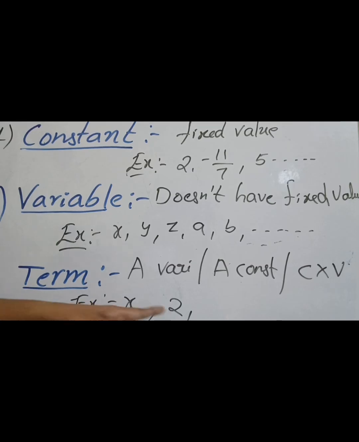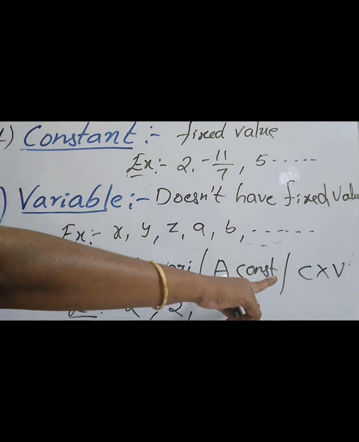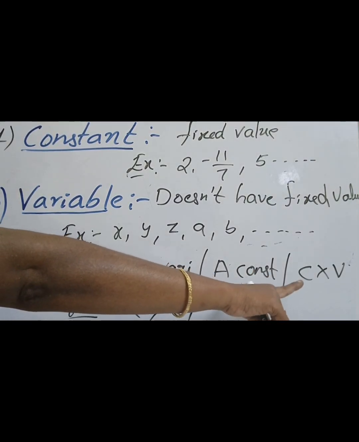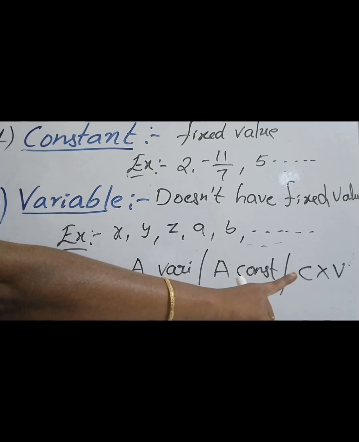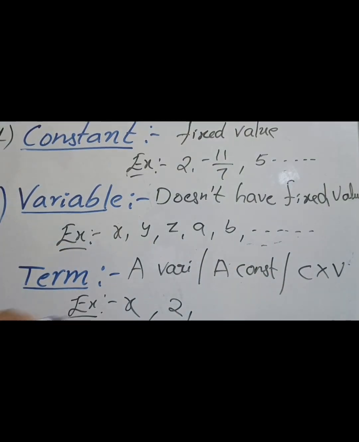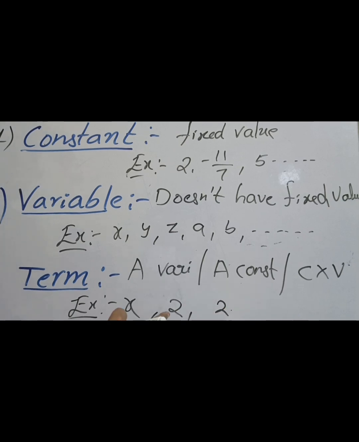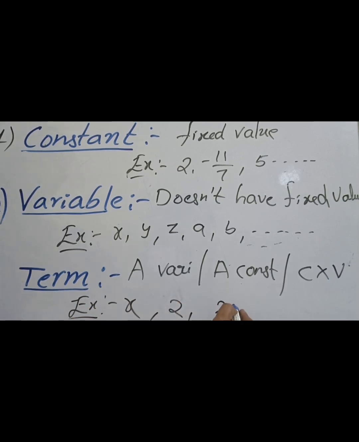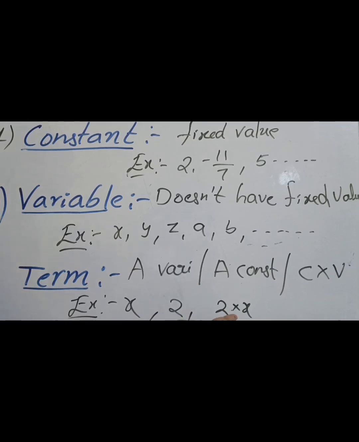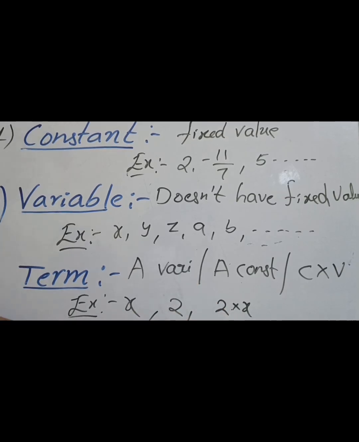And one more I said, it's a product of both a constant and a variable. One constant I am taking and a variable also. Product means 2 into x, 2x. So this is also a term. x is one term, 2 is one term, and 2x is one term.